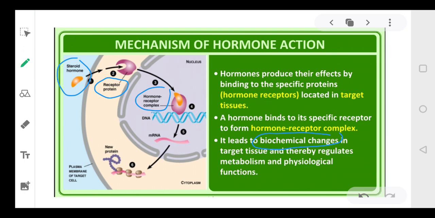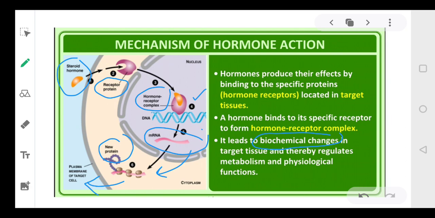Like here you can see the receptor molecule is acting upon the DNA and initiating the production of mRNA. Okay, so the transcription process is going on, and once this RNA is produced, it will be translated to form new proteins, and these new proteins will be transported to the desired cells.